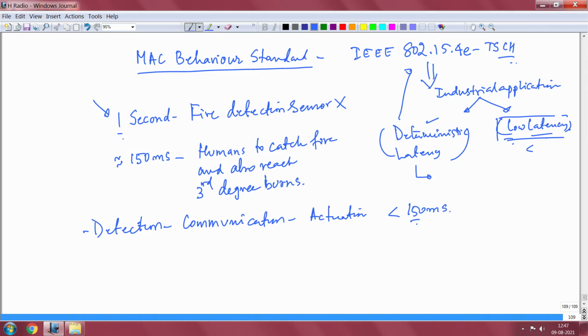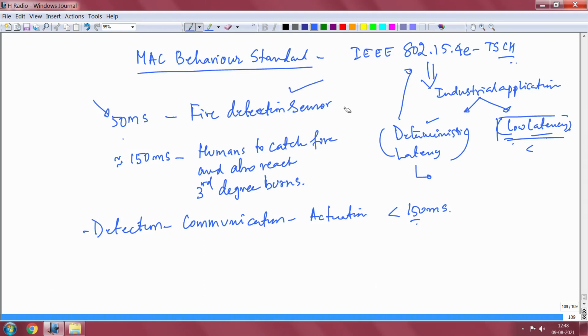It is not suitable for fire detection if you are doing 1 second, but if you are doing fire detection every 50 milliseconds, still using 15.4e, then it is okay, you do not have to worry about it.